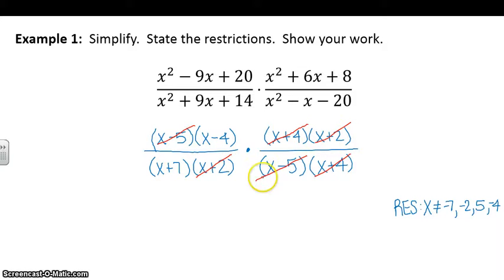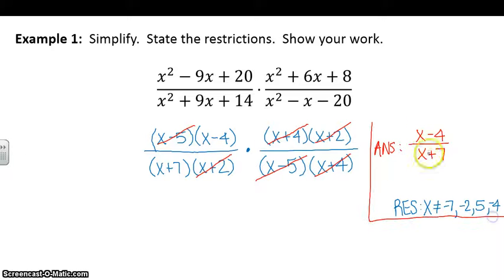So then our answer is going to be whatever is left over, which on top is the x minus 4, and on the bottom is the x plus 7. Now in my answer I dropped the parentheses, but remember these are still invisible parentheses that are around these, and you can't just cancel these x's out. And then there's your final answer.